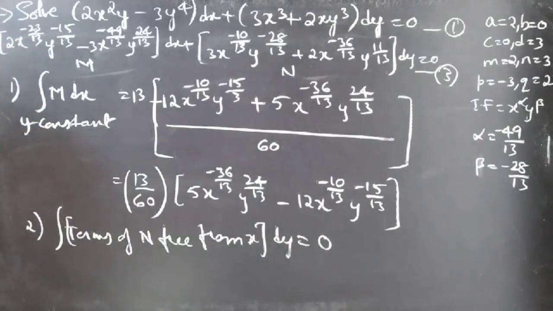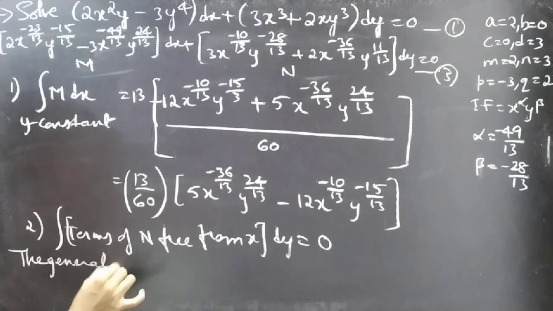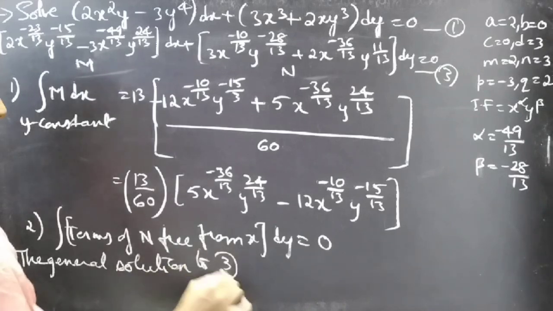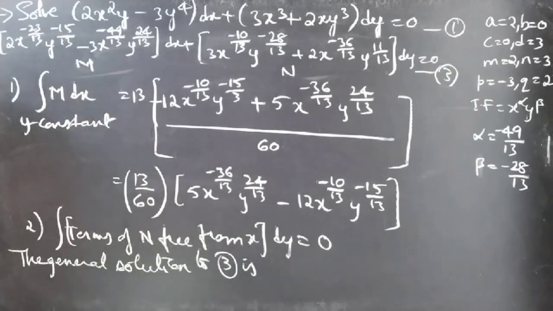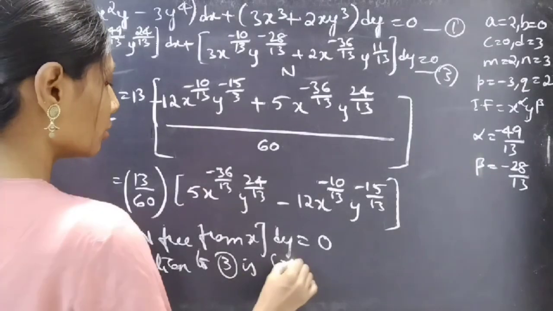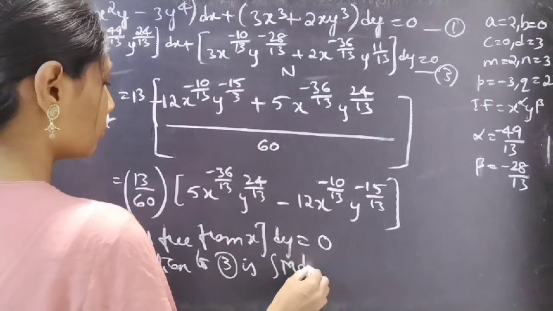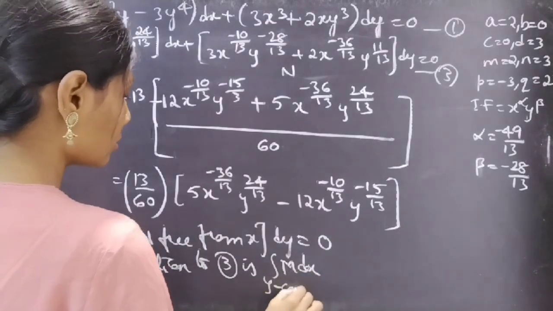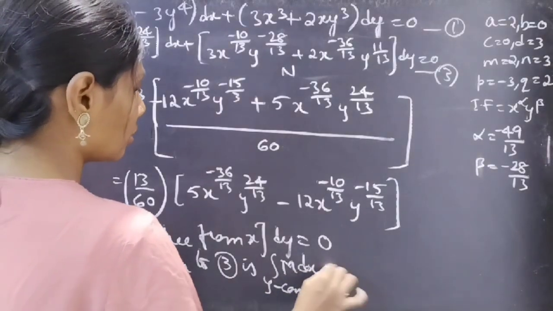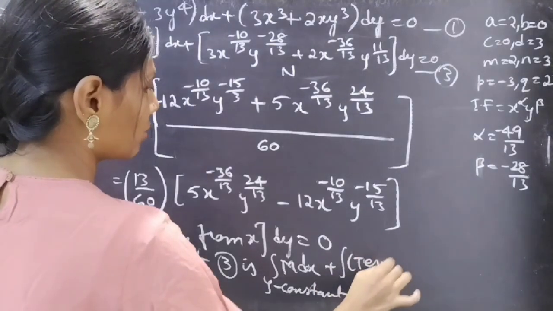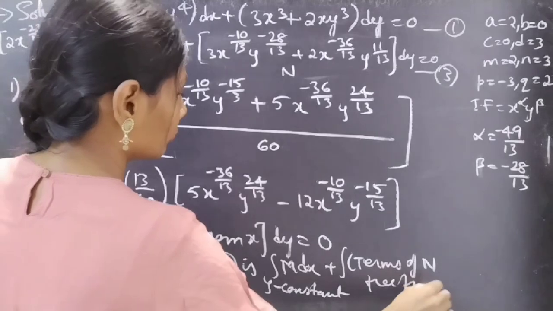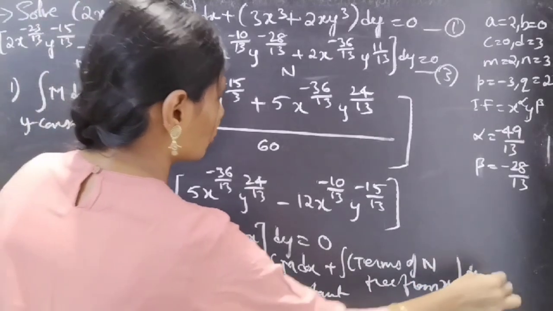Now the general solution will be integral m dx treating y as constant, plus integral of terms of n free from x into dy, equal to c.